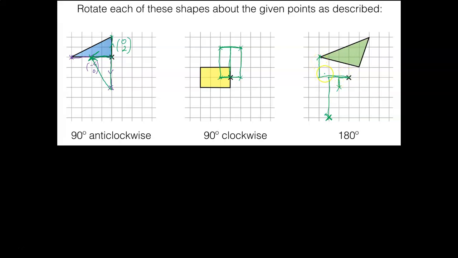So when I rotate this round 180 degrees, I get 3, -2. That's where my vertex is. I join my 3 vertices together. That gives me my rotated triangle. And you notice that 180 doesn't say clockwise or anti-clockwise. That's because either way I rotate, I would end up at the same place.